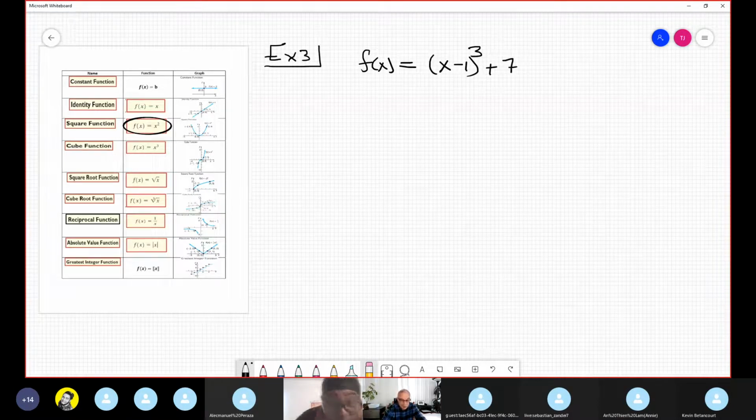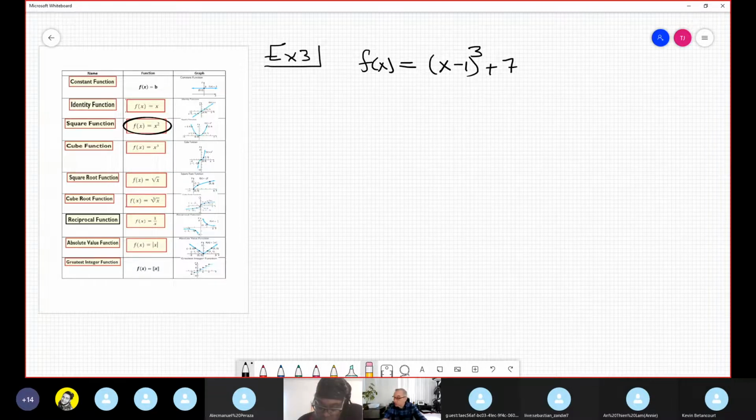This is the function that is given. So now, first step, identification of what family this function belongs to, and also how many and what kind of transformations we have inside the function.